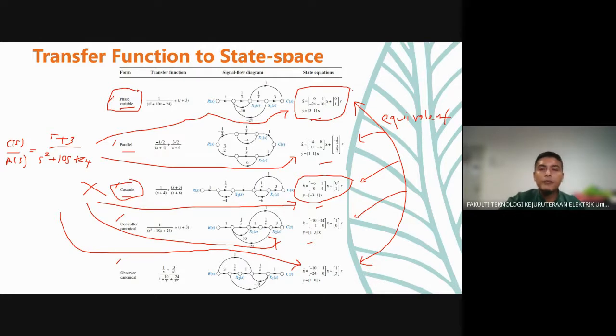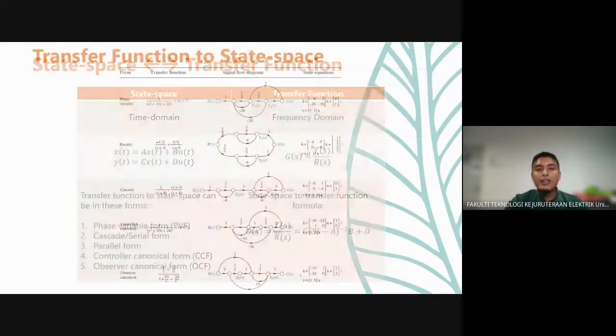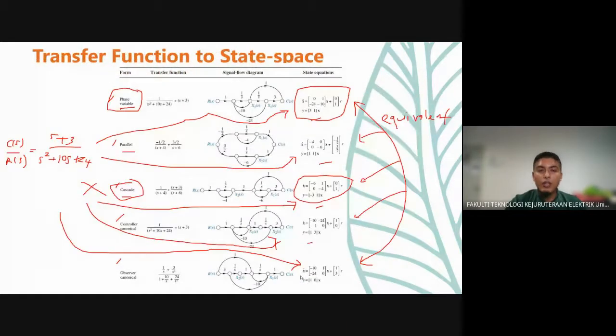For the second controller that you will learn in this course, the observable controller, you can only design it if your state space is in which form? Anyone would like to guess? Anyone would like to guess?